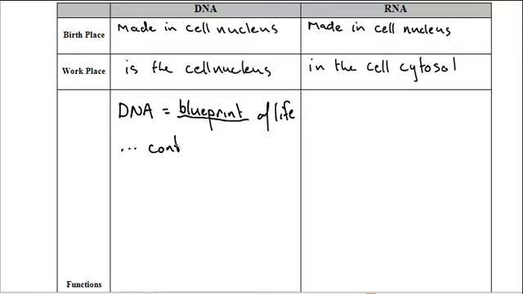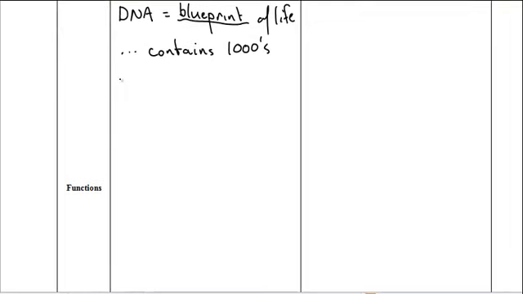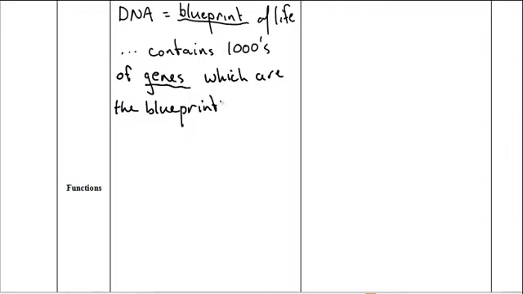And it contains thousands, in fact hundreds of thousands, but thousands per chromosome, thousands of genes which are the blueprints for building proteins.